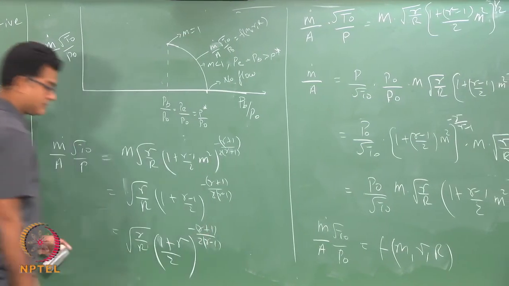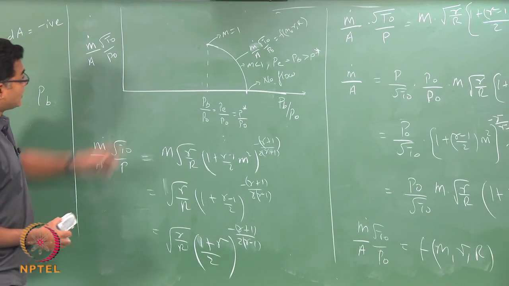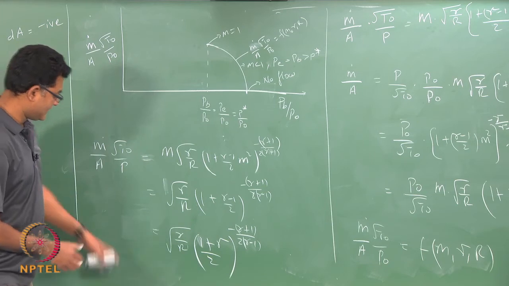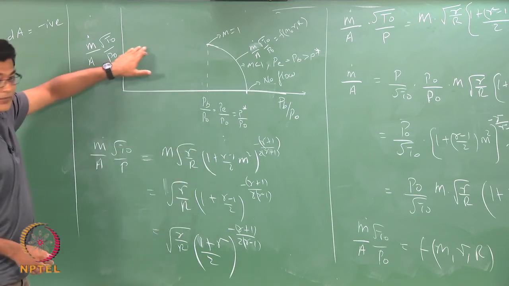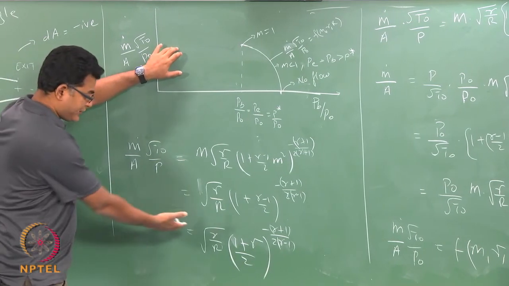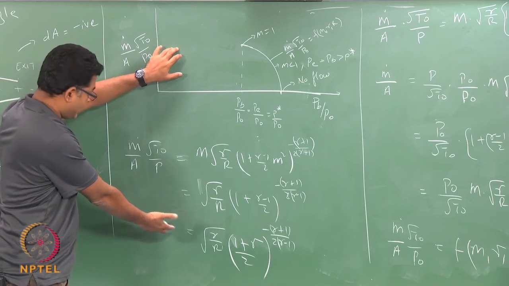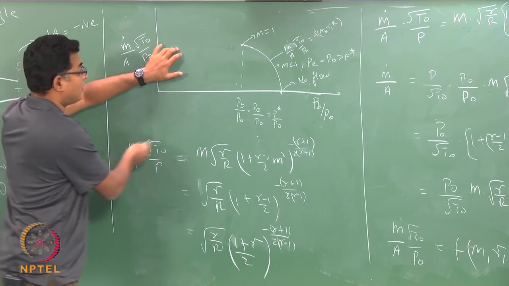Okay. So, once you have reached M equals 1, this is your value, and after that whatever you do with your PB, keeping your P0 constant, your Mach number is not going to increase at the exit. Hence, your mass flow rate is also going to be a constant after this.